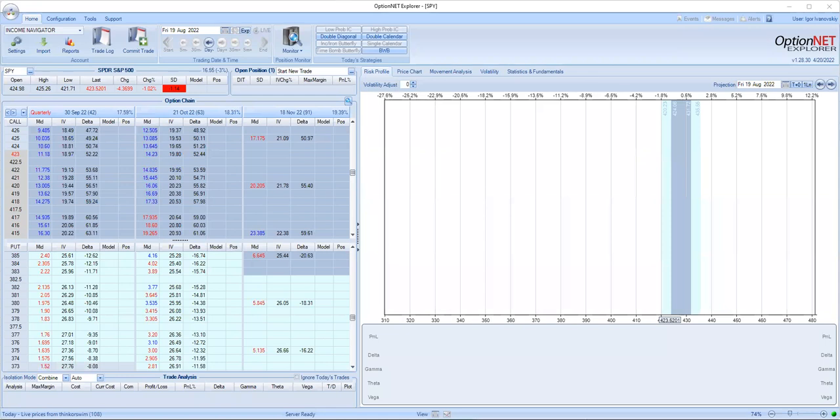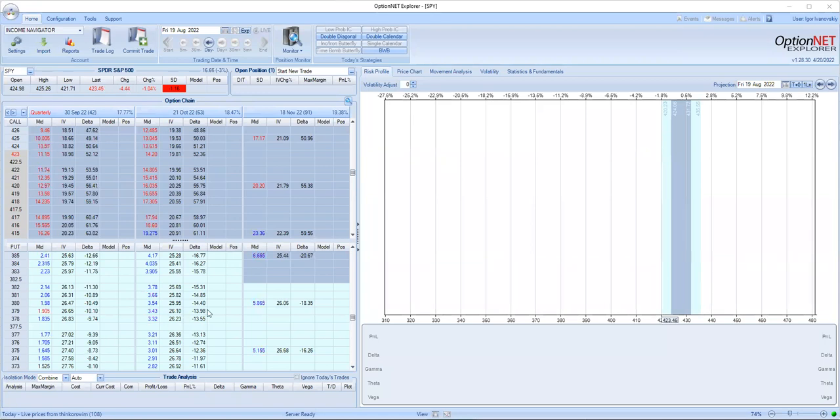We divide 8.5 by 10, we get 0.85. That means that the option we're selling has to have a probability of profit about 85%, which means that this option has a probability of expiring in the money about 15%.